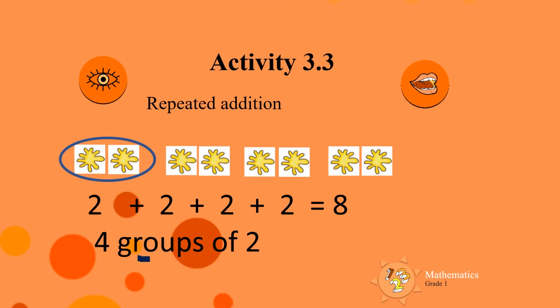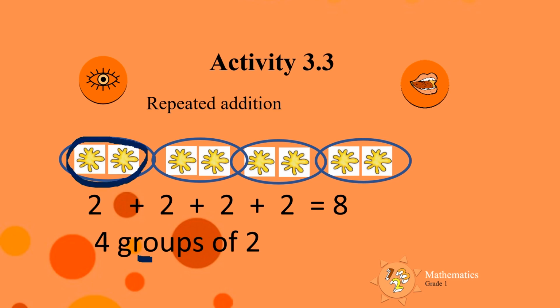So let's see. Got 1, 2, 3, 4 little circles of 2. So it says 4 groups of 2. Do we have 4 groups? We've got 1 group, 2 groups, 3 groups, 4 groups. And there's 2 inside, so it's 4 groups of 2.